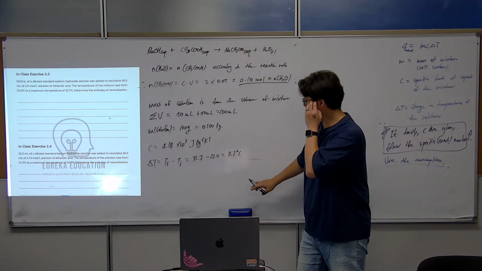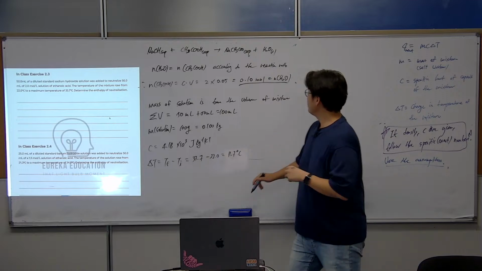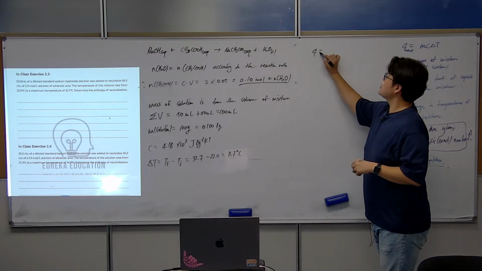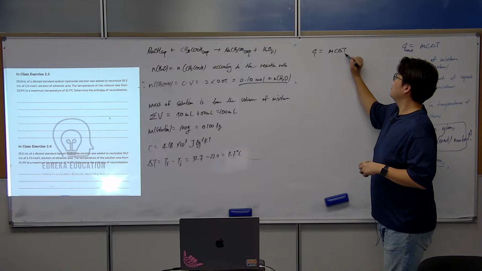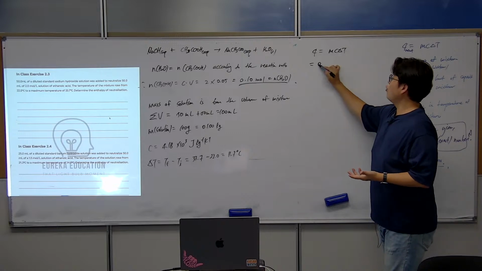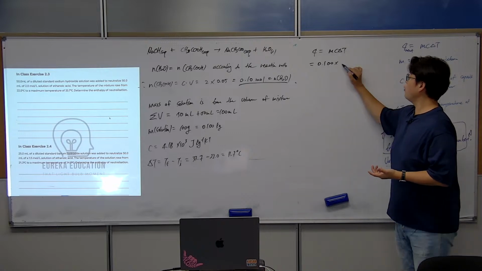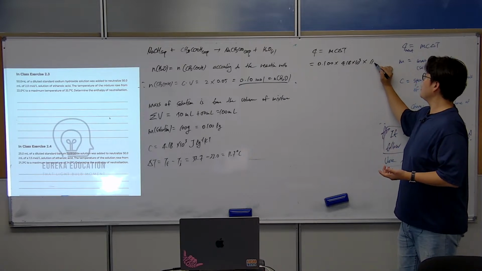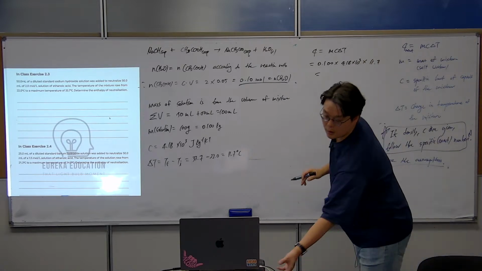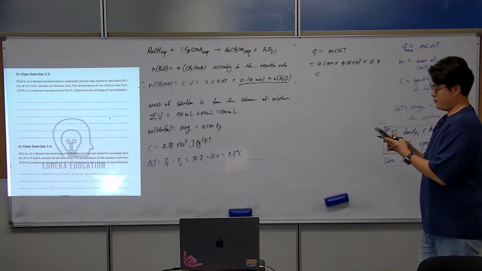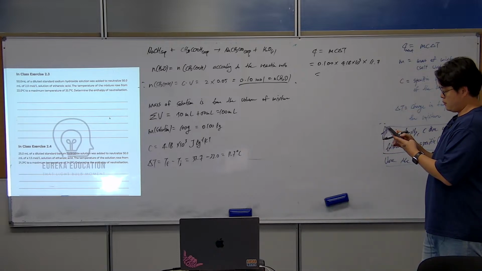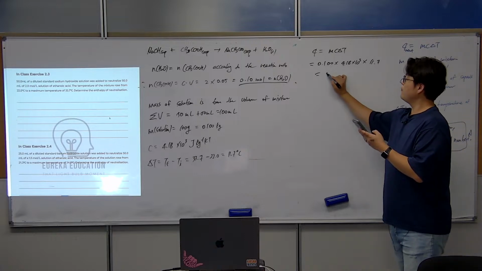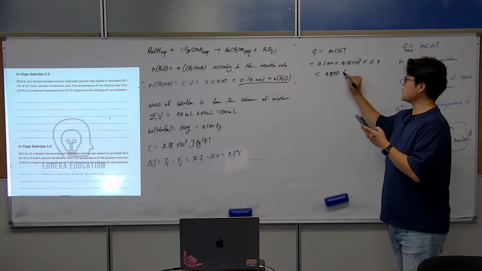Okay. So from here, we can get the Q value. Q is then equal to mcΔT. You have to put all the values in: 0.1 times 4.18 times 10 to the power of 3, times 11.7. Then you get 4,890.6 joules.